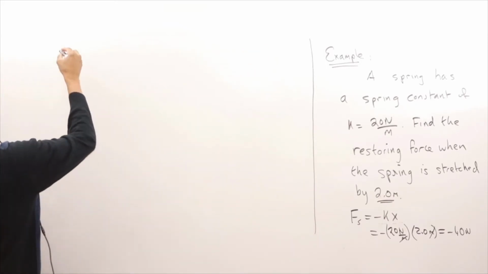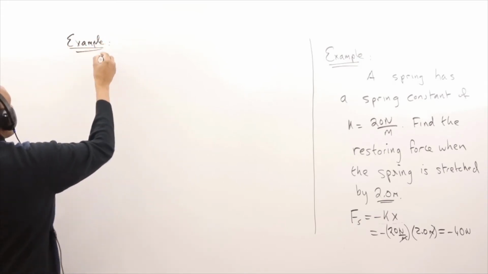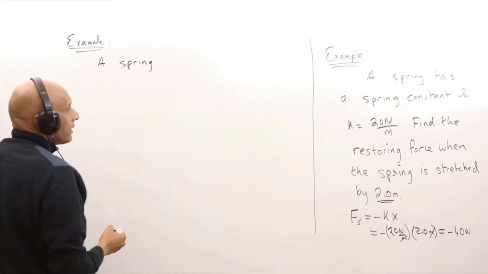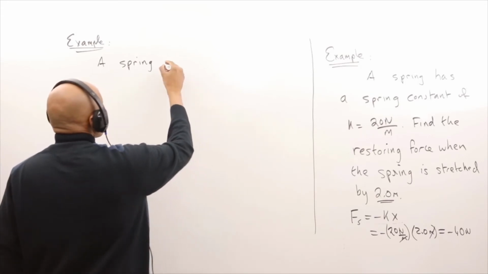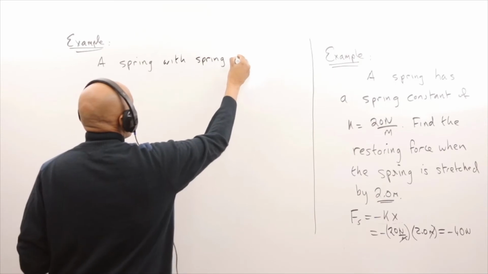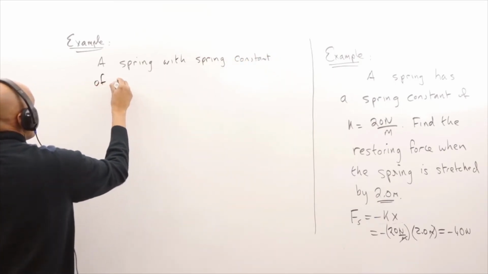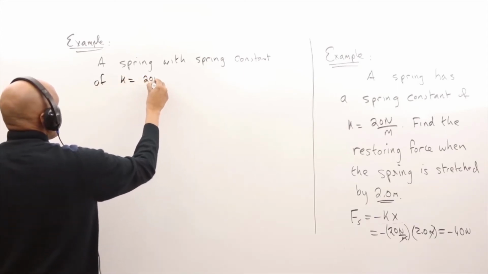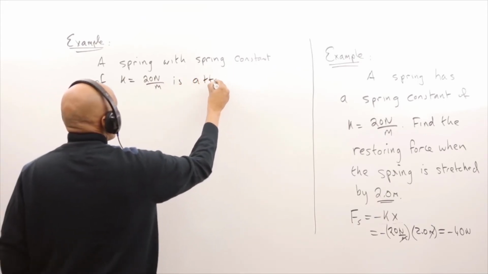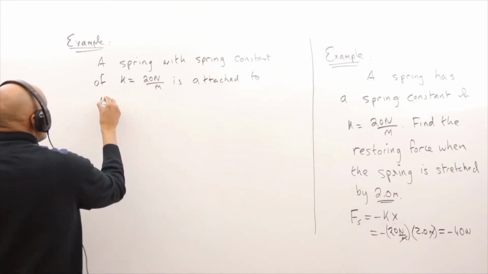So here's an example: a spring, and I'll use the same spring constant, with spring constant of k equals 20 newtons per meter, is attached to the ceiling.